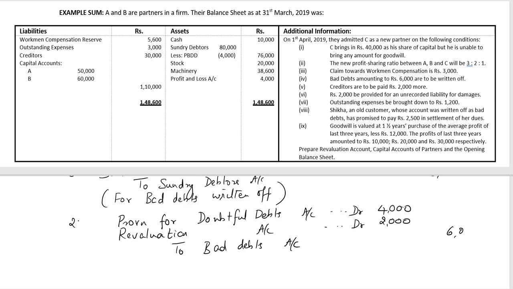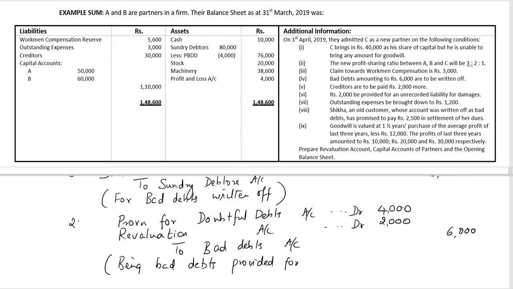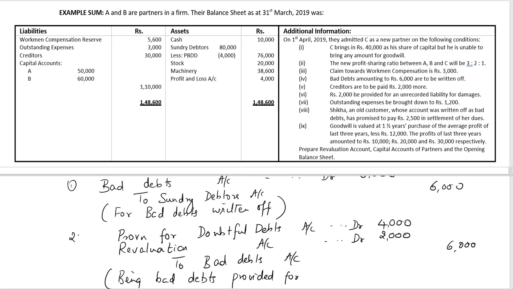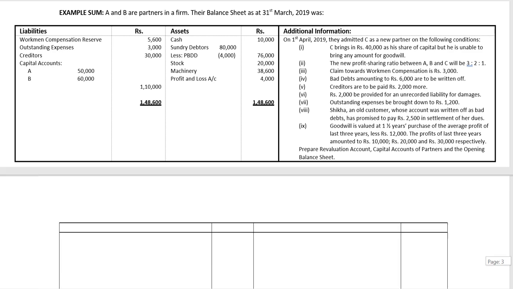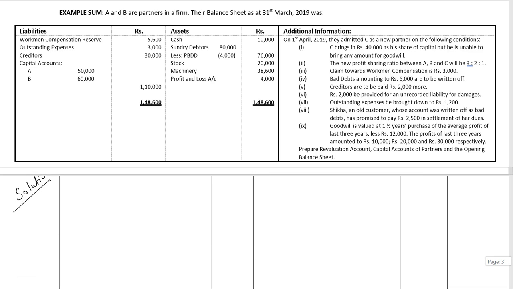The 6,000 rupees which was written off, being bad debts provided for. So in these two journal entries, we need to get the part which will affect the revaluation account. It is revaluation account debit to bad debts account rupees 2,000. So let's enter that.